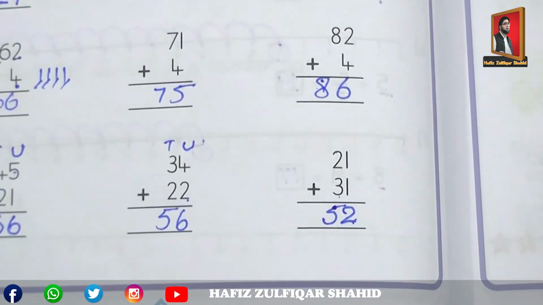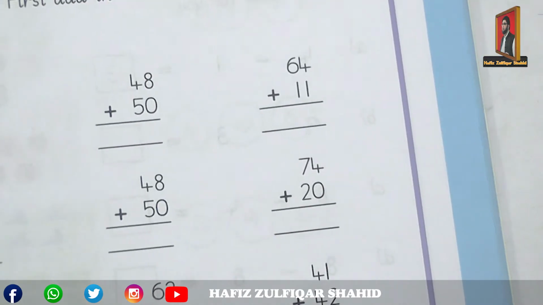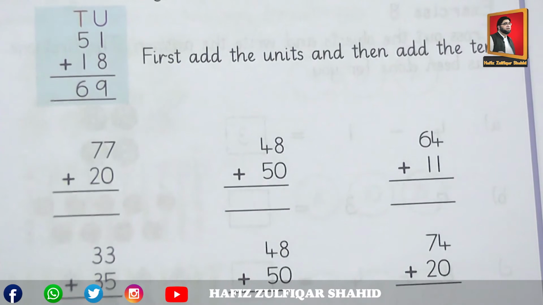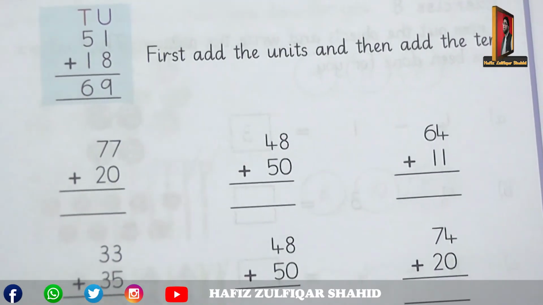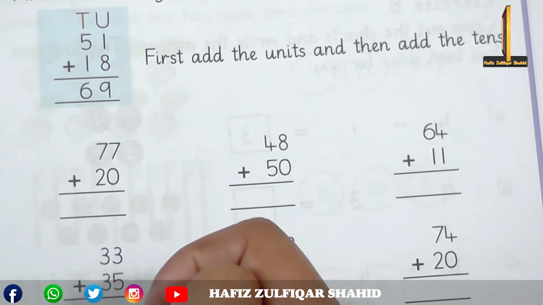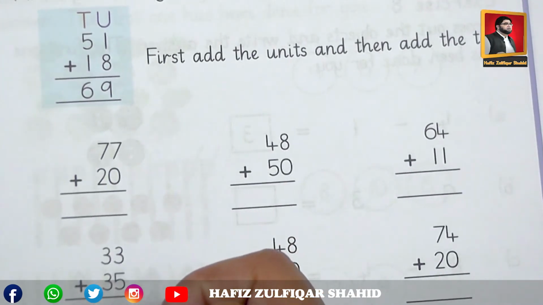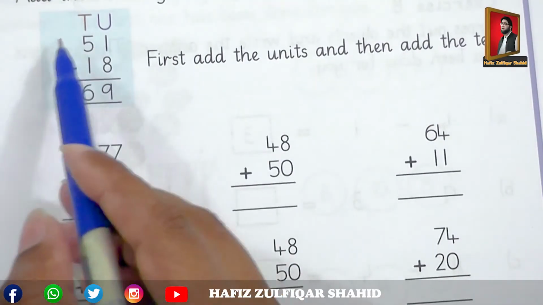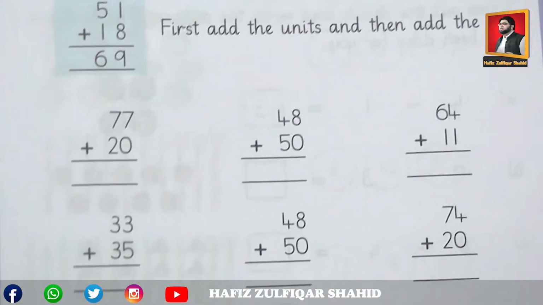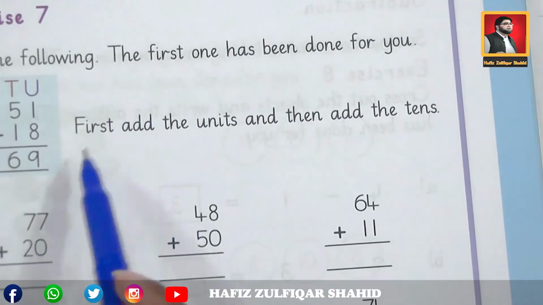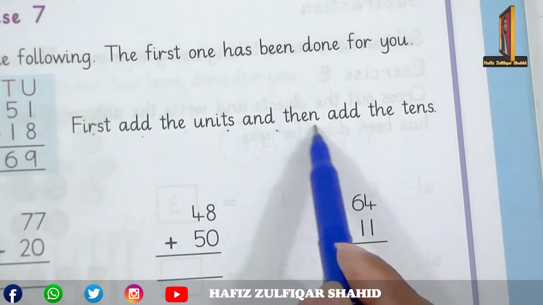Let's go to exercise 7 on page number 41. Here we have some complicated addition. You can see, students, here we have a tip that first add the units and then add the tens.